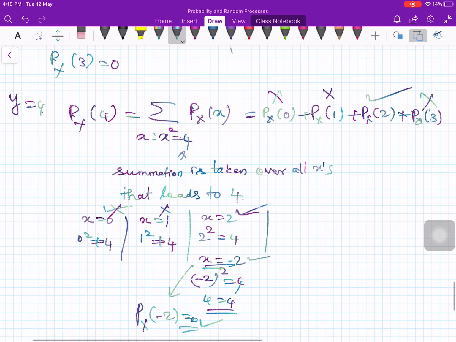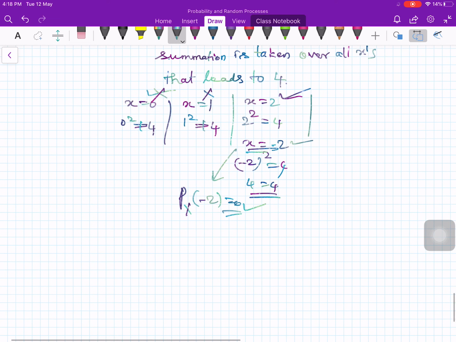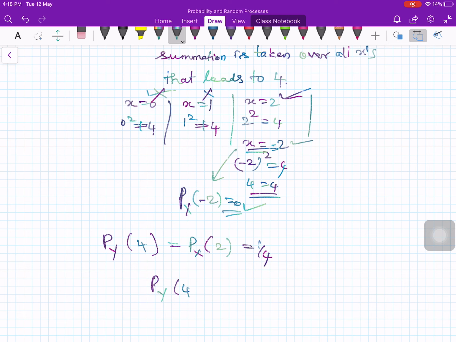Only this one you are going to consider. What is Px of 2? It is 1 by 4. Therefore Py of 4 is equal to 1 by 4.